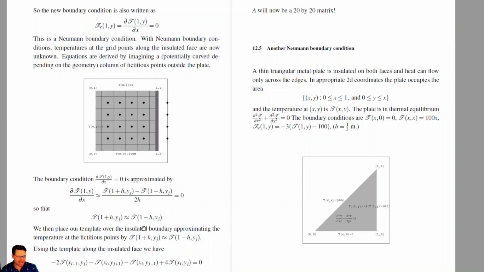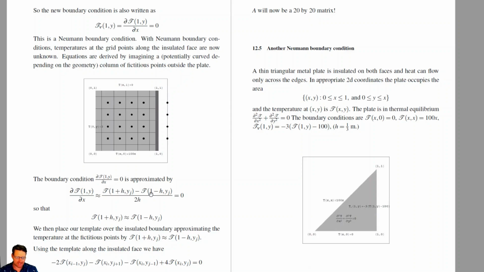And so it says that T(1 + h, y_j) is approximately equal to T(1 - h, y_j). So what this is saying in this physical picture here is the approximation of the temperature at this fictitious point outside the plate is approximately equal to the temperature inside the plate over here, right?